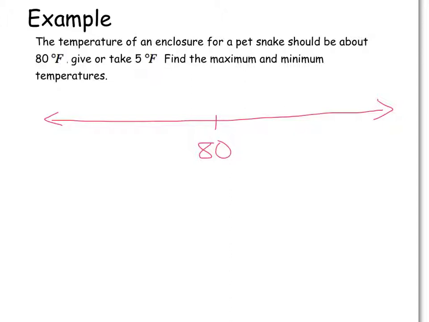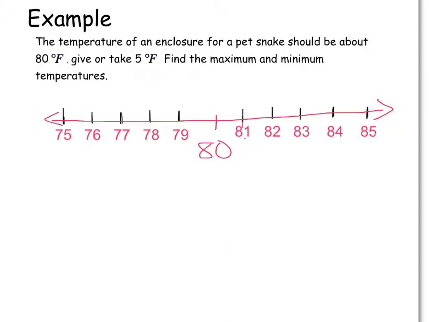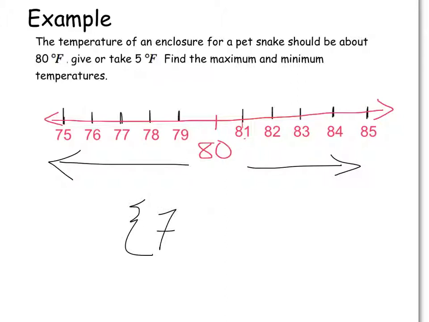So, if I give 5 degrees, that would be 81, 82, 83, 84, 85 to the right, and 79, 78, 77, 76, and 75 to the left. I gave 5, and I took 5. So my minimum would be 75, and my maximum would be 85.